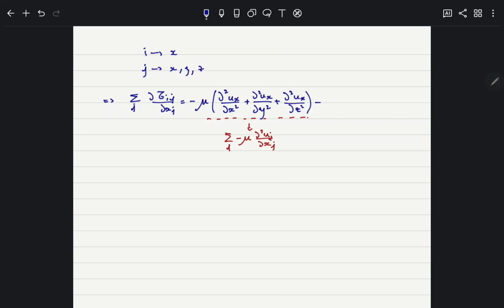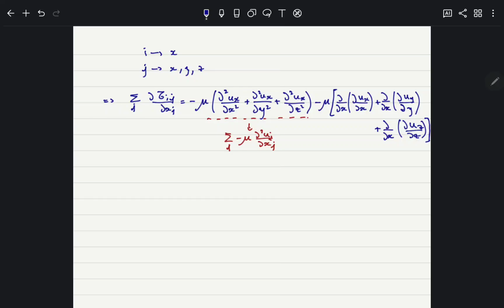And we have the second part, which is going to be negative mu, and here we have first d over dx of dux over dx, plus d over dx, because again i is fixed, of duy over dx, and plus, I will write it here because I'm lacking space, d over dx of, oops, sorry, I made a little mistake here, it was duy over dy, and finally plus d over dx of duz over dz.